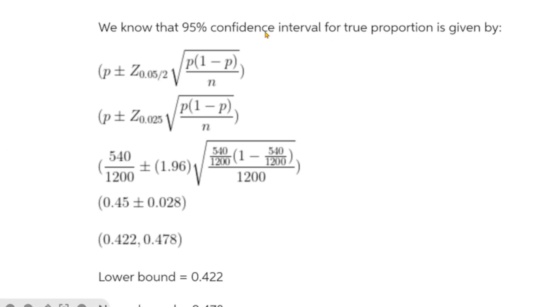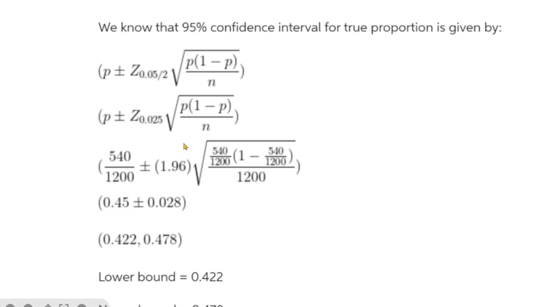Knowing this formula, we know that the 95% confidence interval for the true proportion is given by the mean plus or minus z at 95% times the square root of variance out of n. Then you substitute. What is the sample mean? We calculated the sample mean was 0.45.